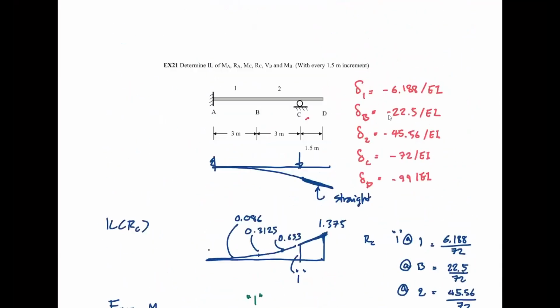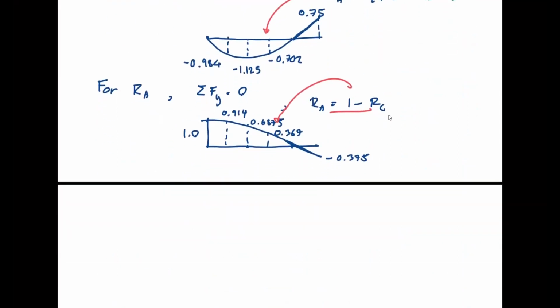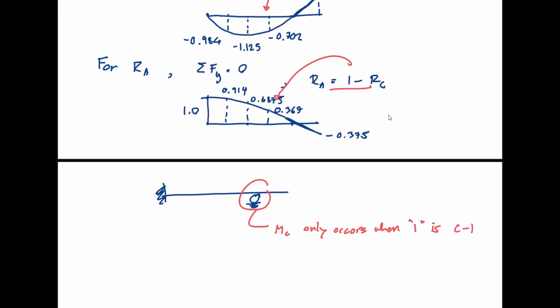MC, right? You know, when you look at the structure, if you still understand what the influence line is all about, you cannot have moment at C. MC only occurs when your unit load is, you know, from C to D, right?